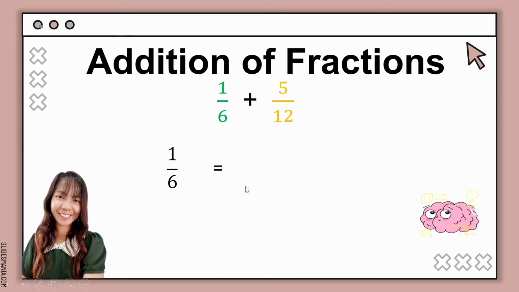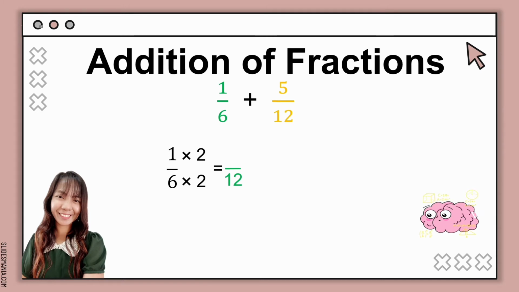So 1 over 6, and then think of a number that when you multiply it to 6, will give you 12. So the answer is 2, we have 2 times 6. And whatever number you multiply to the denominator 6, you will also use the same number to multiply the numerator.